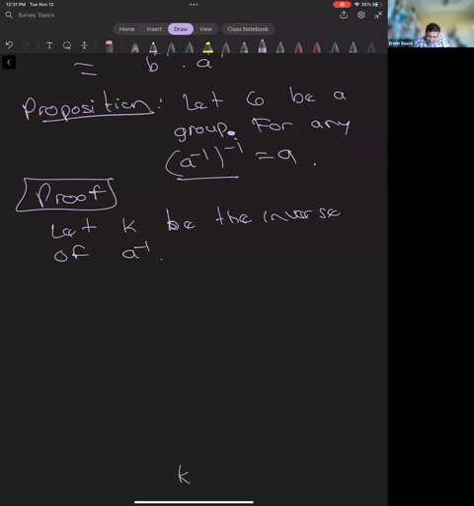So I'm gonna prove that K is A, right? So by properties of inverse, this is true, right? So A inverse times K equals K times A inverse equals the identity.